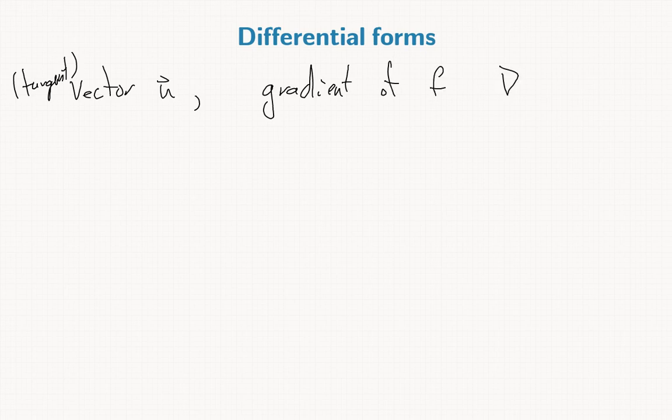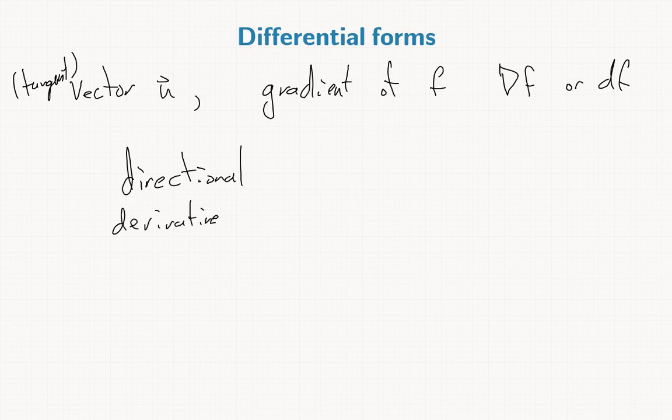So nabla f, or df, what we did is to form the directional derivative. So D_u f is u dot del f, and this is at some point, like x0, y0, z0.